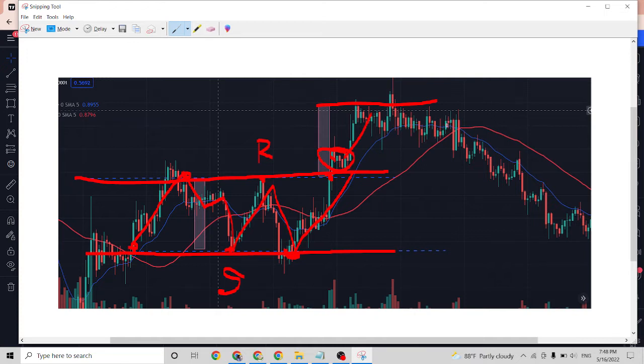So the bullish rectangle happens on a sideways trend, and then it breaks the resistance, and then you know where it's going to go, and then it stops going and falls down. That's the benefit of the bullish rectangle.